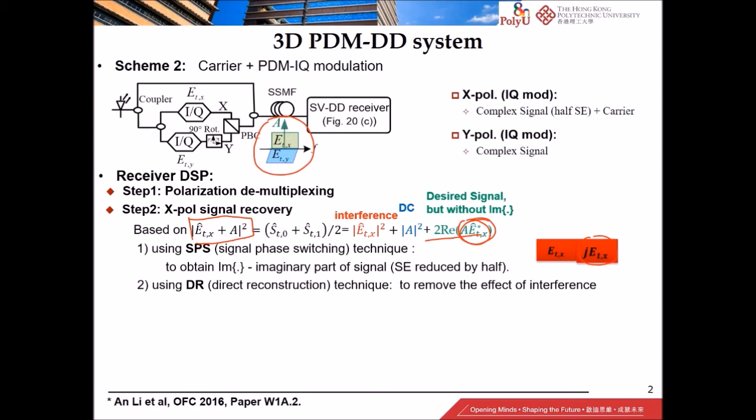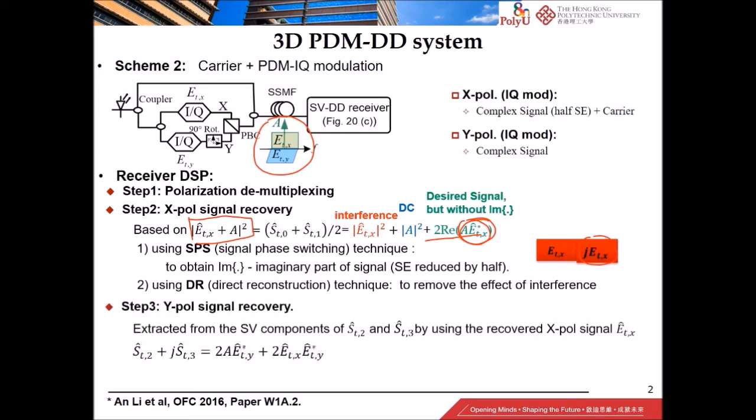Because of that, you essentially reduce the spectral efficiency of the signal in the X polarization. So even though we are talking about complex modulations, the I and Q of the signal in the X polarization, essentially you are only using 1 degree of freedom for the signal in X. Then for the signal in Y, this is rather straightforward.